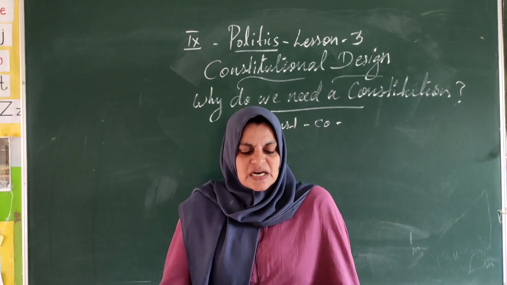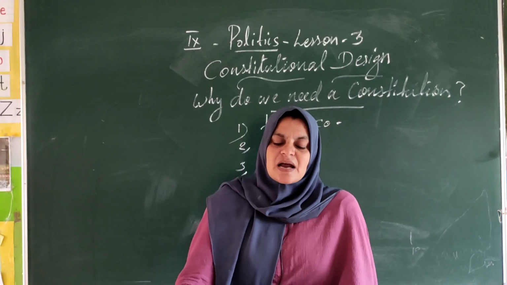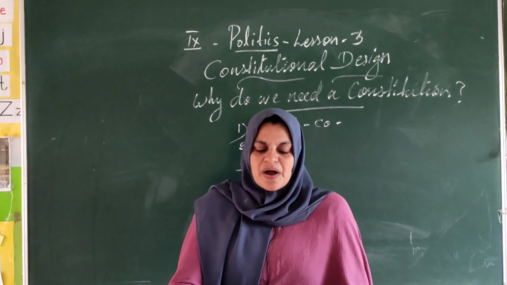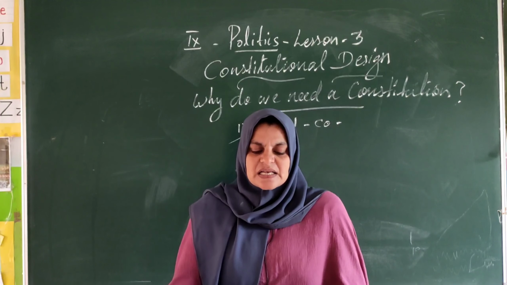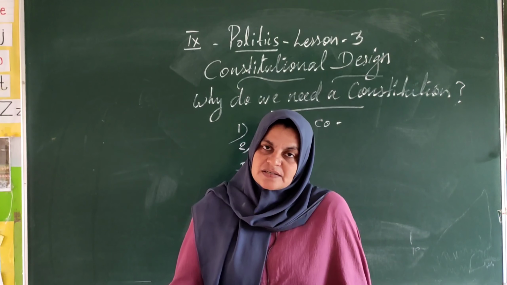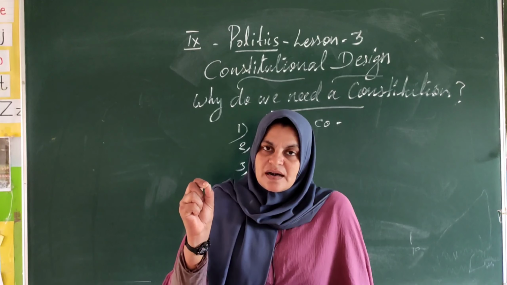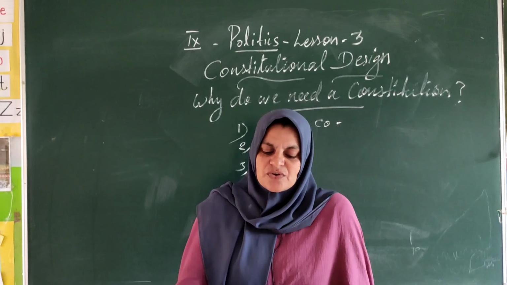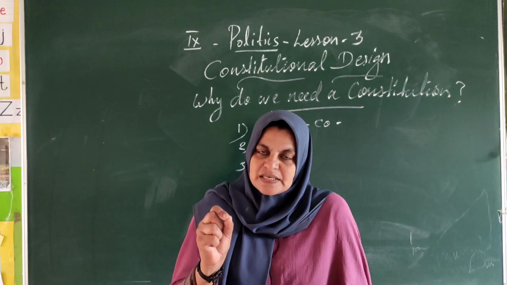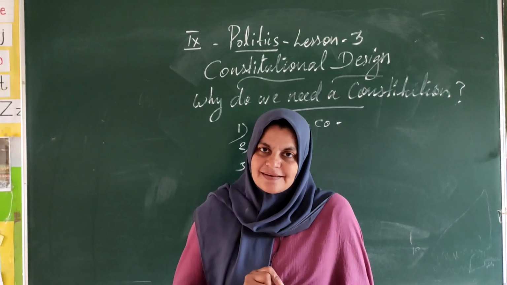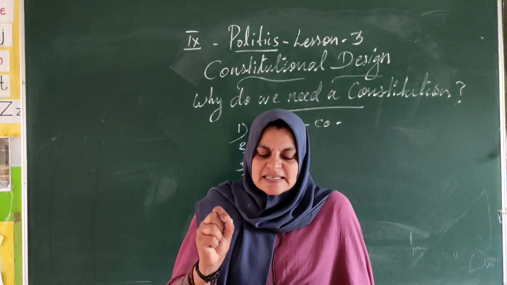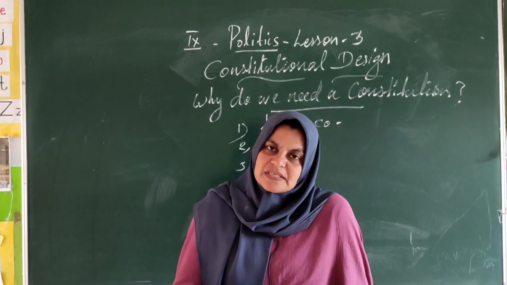Okay. So the third point, it lays down limits on the powers of the government and tells us what the rights of the citizens are. The government's powers have limits.